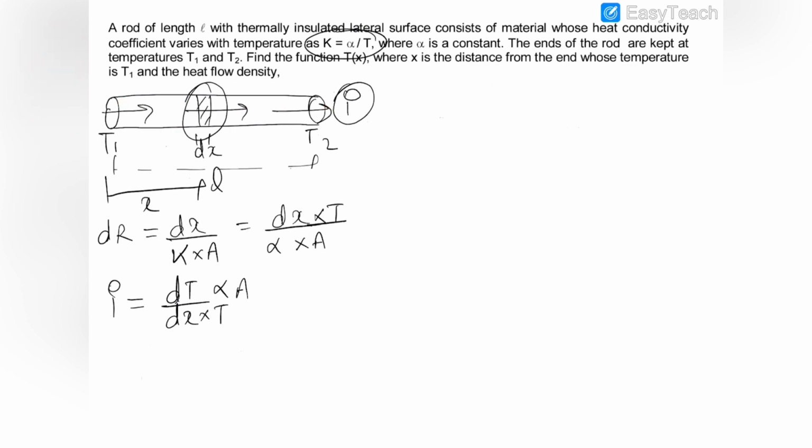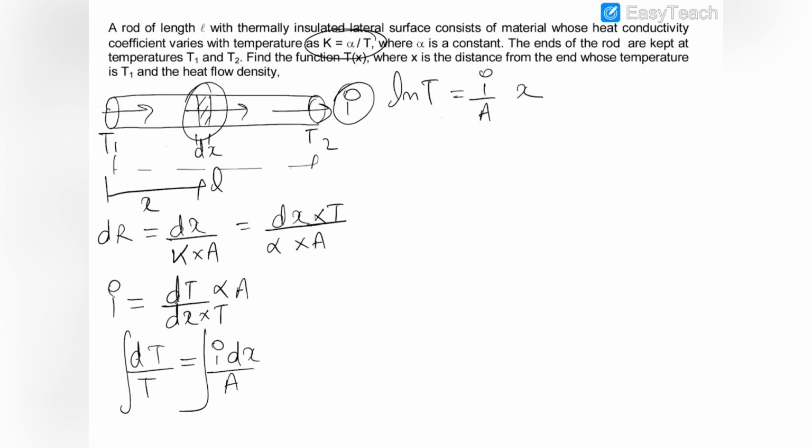So we can say that dT by T will be equal to I into dx upon area. Integrating this, we get ln T, and you can initially integrate without using the limits. So ln T is equal to I upon area into x plus C, where C is some integration constant.